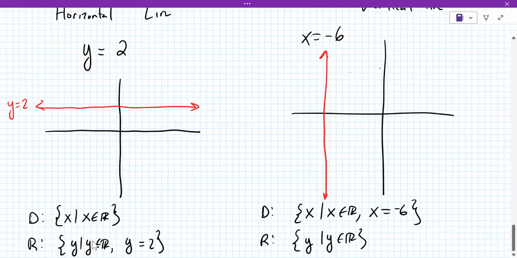Could you attempt to just study these and tell me how to create a rule for this, or how you might remember this if you're trying to explain it to someone else? For the horizontal or vertical? Either one.